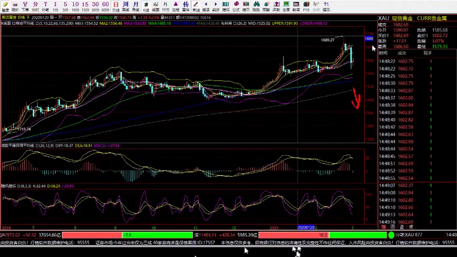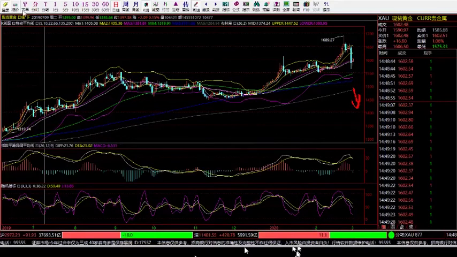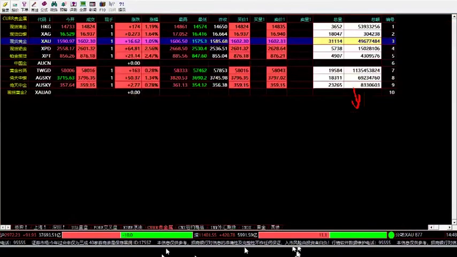When the price goes above this, we just buy it. Now it's a smart choice to watch and wait. So this is the gold price.